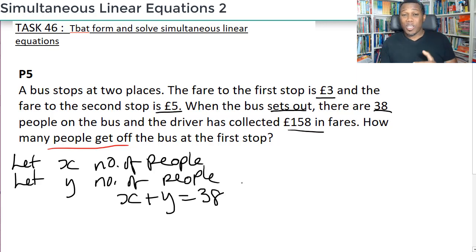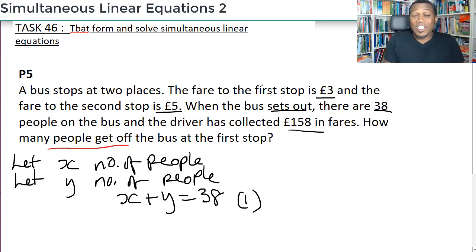What's the difference between the people that we're calling x and the people we're calling y? You get where I'm coming from there. So that's equation 1. And then equation 2 is going to be about money. Let's just read. We're going to look at this money: 38 people set off on a bus, and he collects 158 pounds.